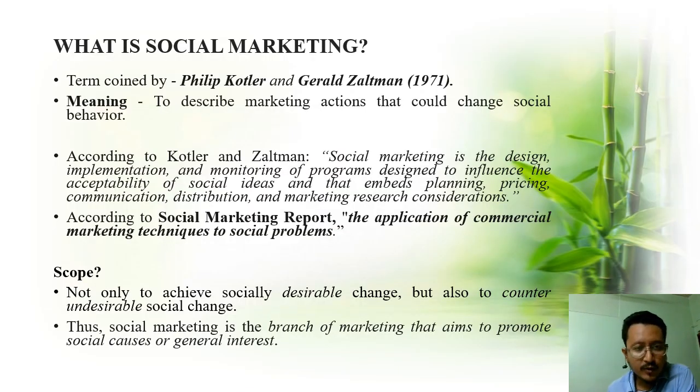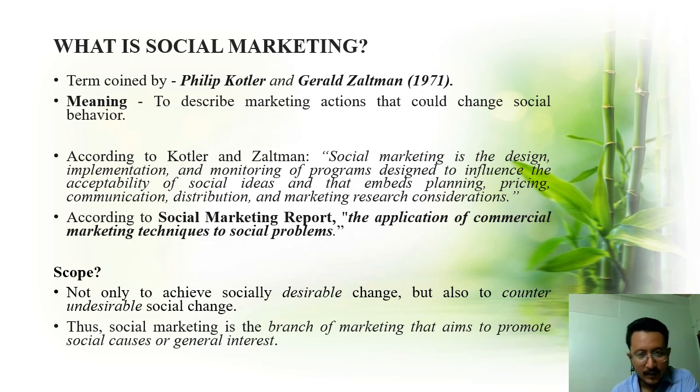So this term social marketing was first coined by Philip Kotler and Gerald Zaltman in 1971, right? And when they first coined this term, the meaning was actually to describe the marketing actions that would change the social behavior, right?